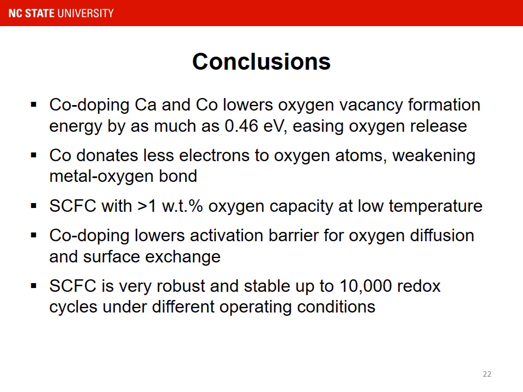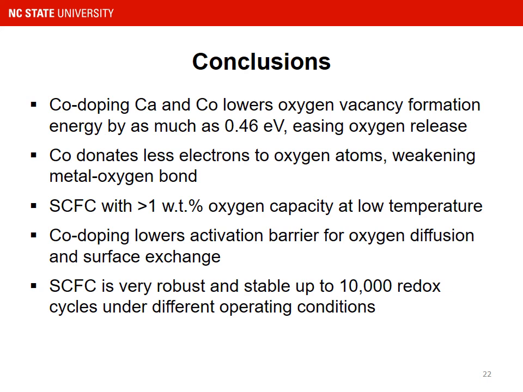Basically, we have designed a calcium cobalt co-doped sample, which functions as an efficient low-temperature sorbent for chemical looping air separation application. Through co-doping of calcium and cobalt, we can lower the oxygen vacancy formation energy, which is achieved by weakening the cobalt-oxygen bond.